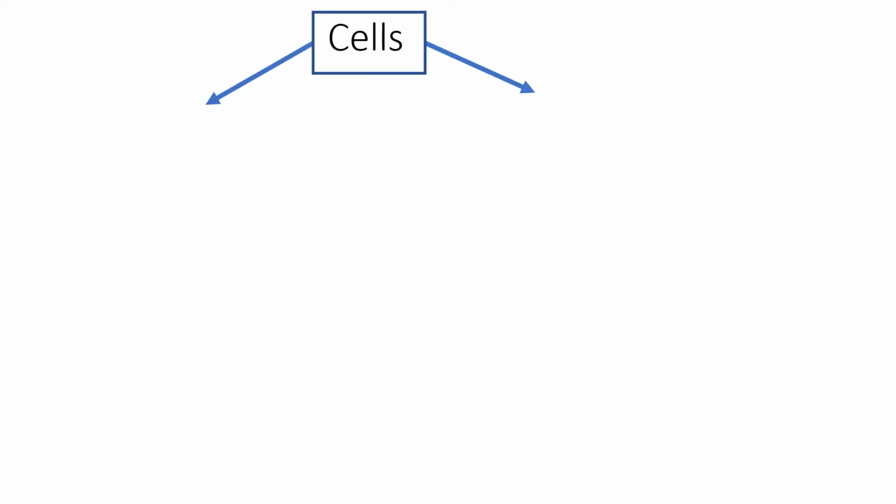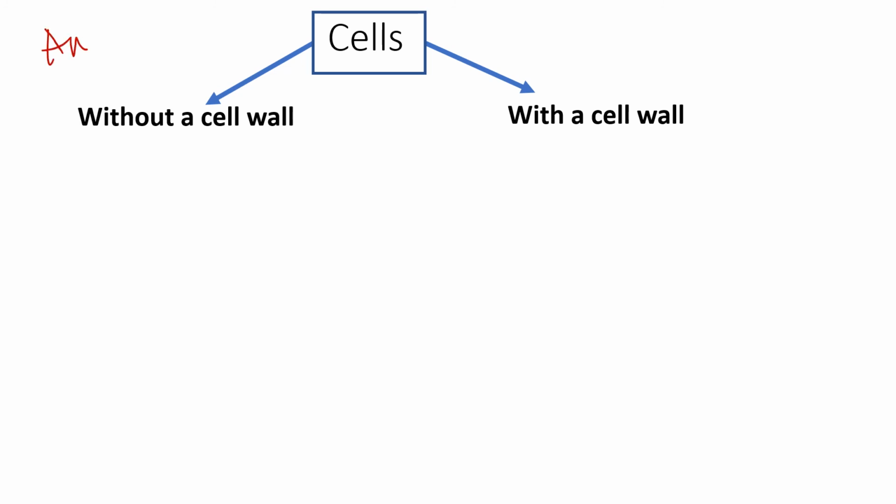So in terms of what happens in cytokinesis, you have cells without a cell wall and cells with a cell wall. So to simplify it, we're going to say this one is animal cells, and these are plant cells. So we're going to describe them, and you're going to see a microscopic image of what it looks like.